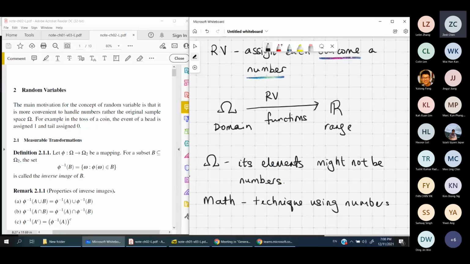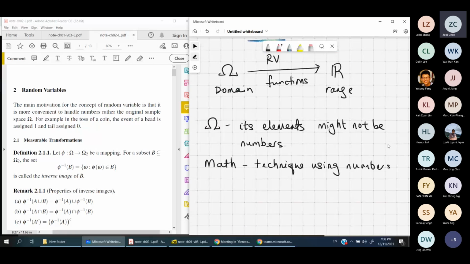So in order to apply the techniques of mathematics, what we can do is use a random variable. We transform, we translate the information in the sample space into numbers. Once we come to here, then we can do some work using mathematical formulas, and after that we translate it back to get the result, to do the interpretation for it.